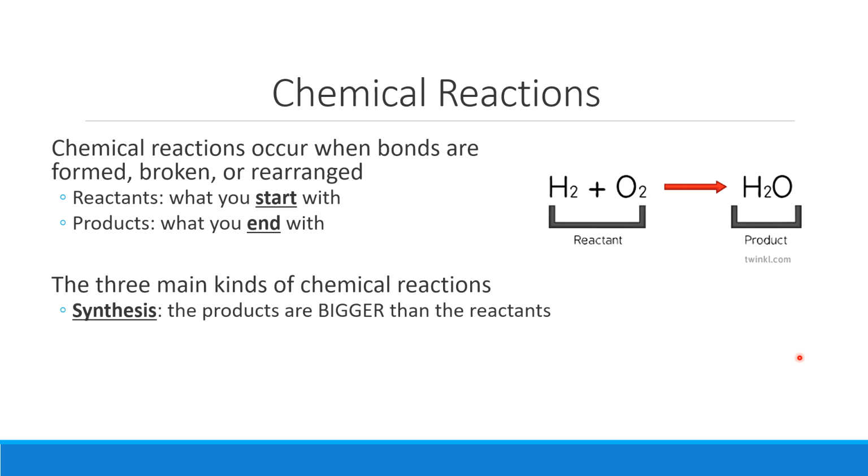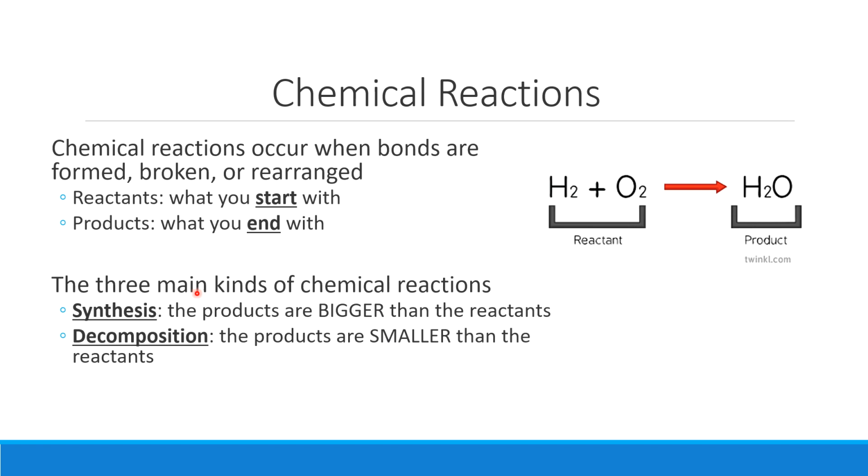The first kind is called a synthesis reaction. In a synthesis reaction, we synthesize or build something that's bigger than what we started with. So the products are larger than the reactants, like we see in our picture up here. We can also do the opposite though. We can do what's called decomposition. When we do decomposition, we break down or decompose what we started with.